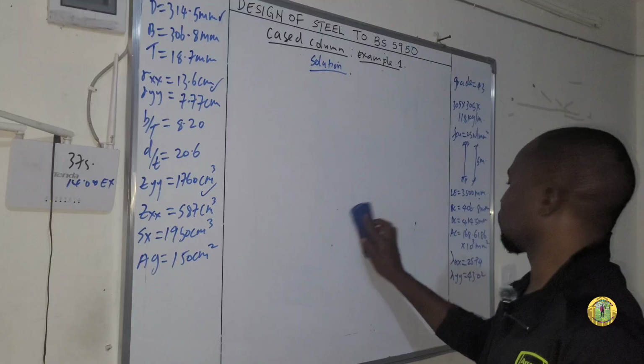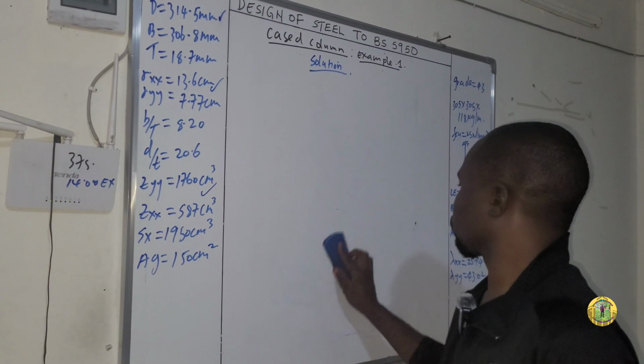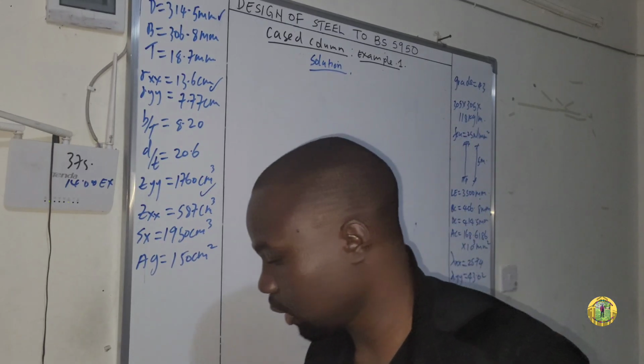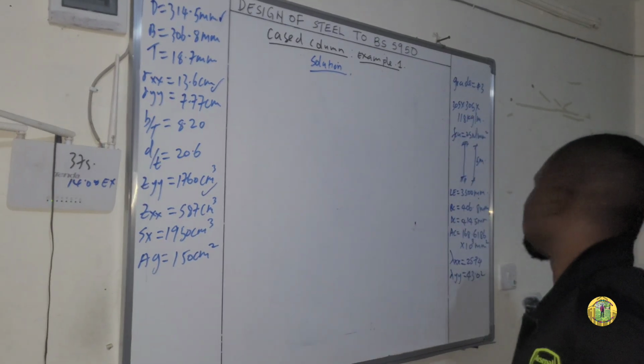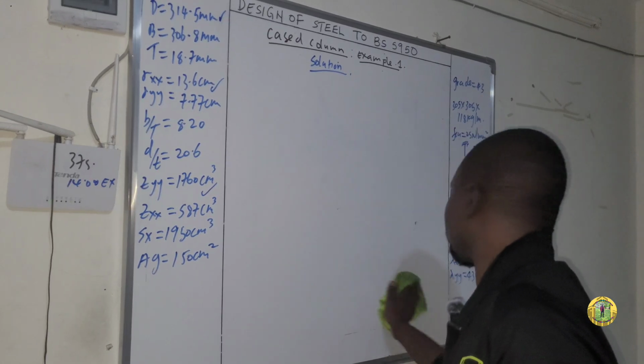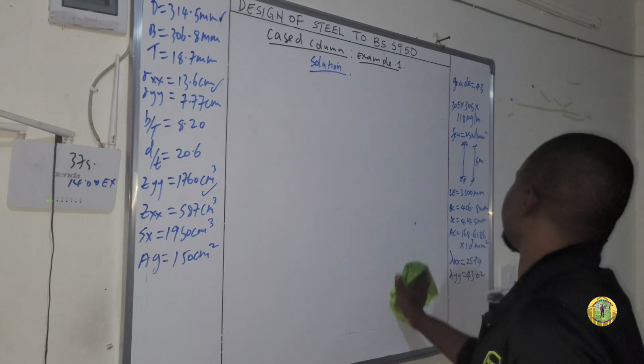Now we want to proceed to what we call the compression strength, which is small pc. Remember, we have the compressive resistance, which is capital PC, and the compressive strength, which is small pc.